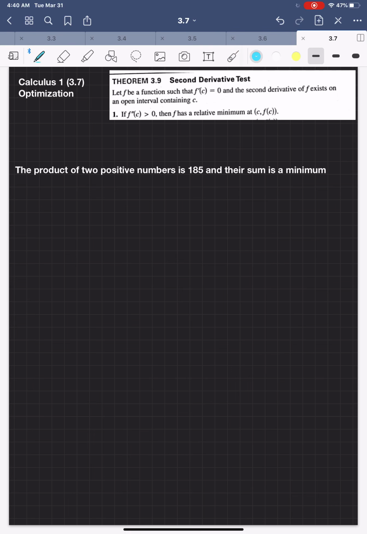Interesting. Okay, so clearly we're looking for two numbers, right? I'm just going to make up something. Let's just say x is the first number and y can be the second number. Now, the stipulation is they're both positive numbers. And we're told that whatever these two numbers are, x and y, x multiplied by y is equal to 185.